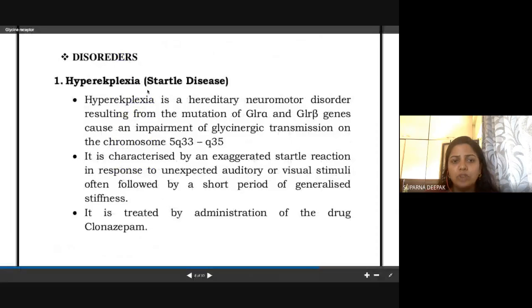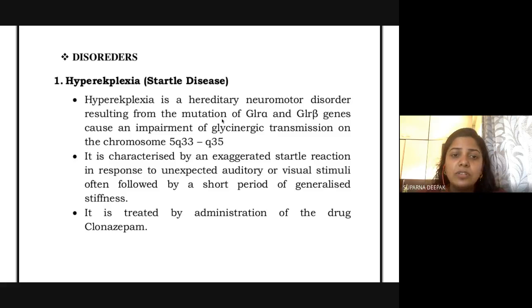Talking about disorders, you have hyperekplexia, which is a hereditary neuromotor disorder where these receptors are impaired. That means they are not working properly because of a genetic disorder. It is a startle reaction.